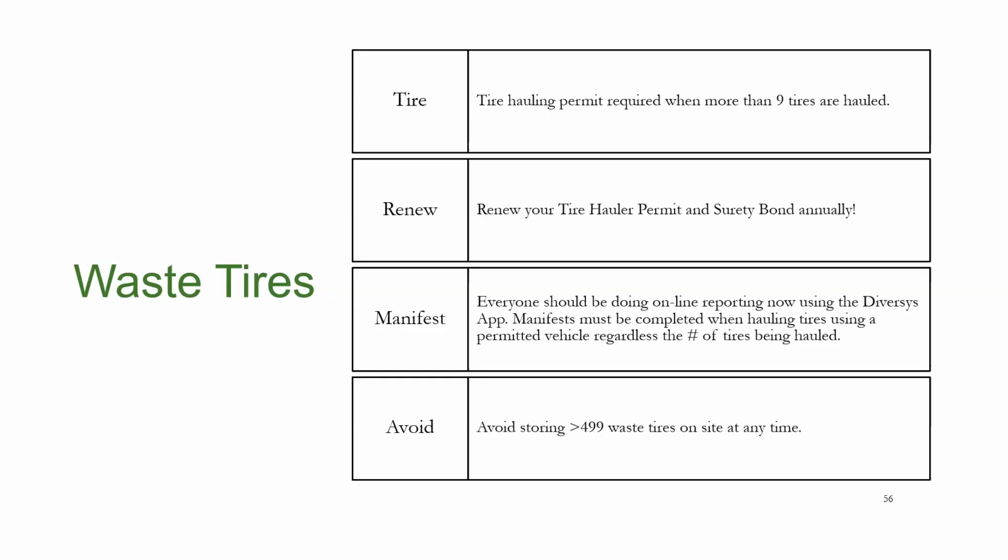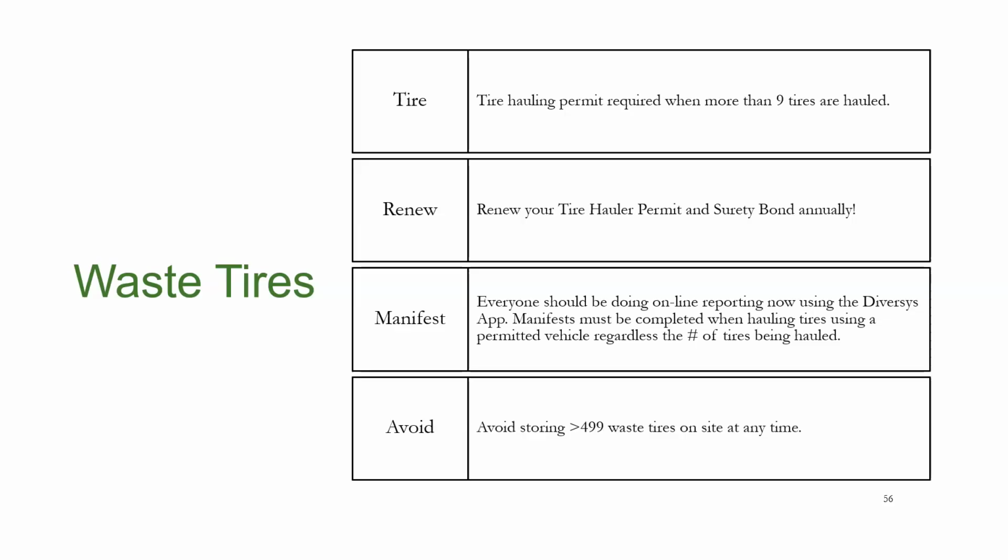And we always tell you guys to avoid storing more than 499 tires on site at any time. There are specific requirements, insurance liabilities, that if you're going to store that many tires, even if it's just to bring them there and have them picked up by your contracted hauler the next day, you've still exceeded that capacity.